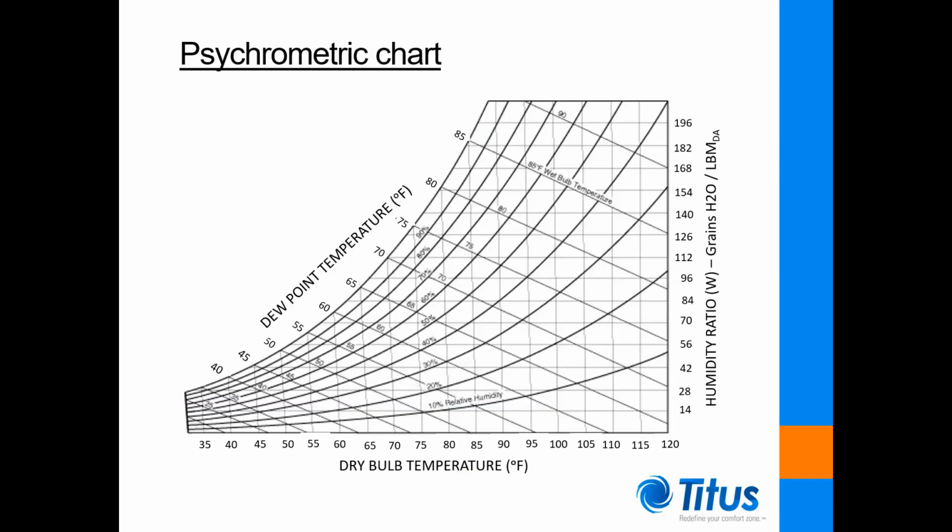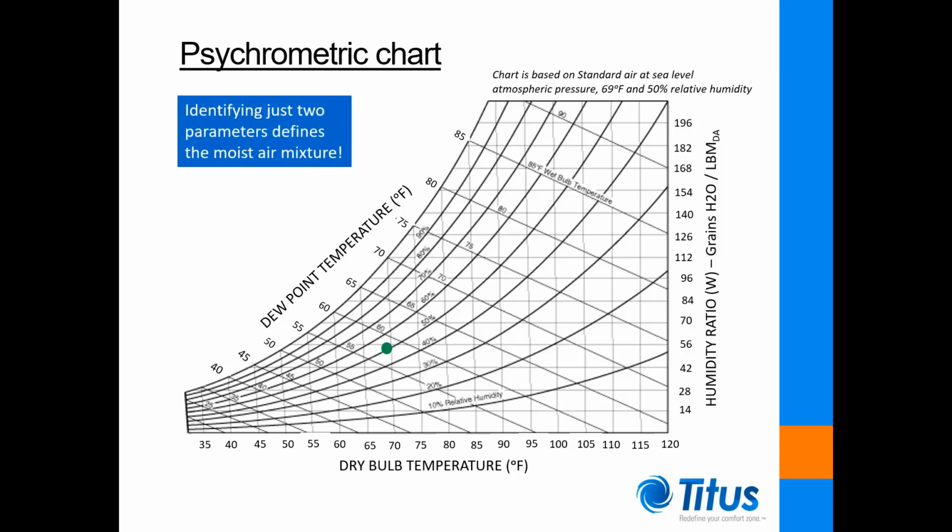The psychrometric chart is a tool we can use to identify the properties of a moist air mixture. The chart shown is based on standard air density, which is defined as that of air at sea level, or 14.7 psi barometric pressure, and 69-degree dry bulb temperature, 50% relative humidity.